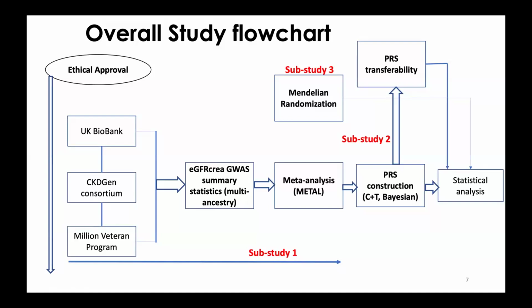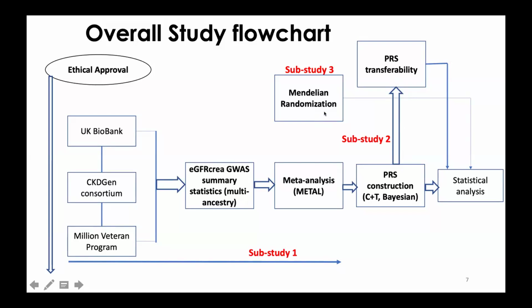To construct a PRS, we used two methods. One is called clumping and thresholding, which is embedded in PRSice-2. The other one is the Bayesian continuous shrinkage, which is within the PRS-CS tool. Then, of course, we tested it for transferability in continental Africans, and then performed the statistical analysis.